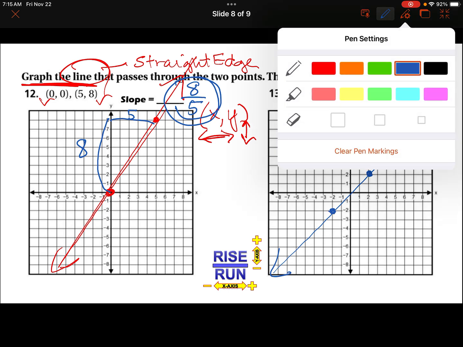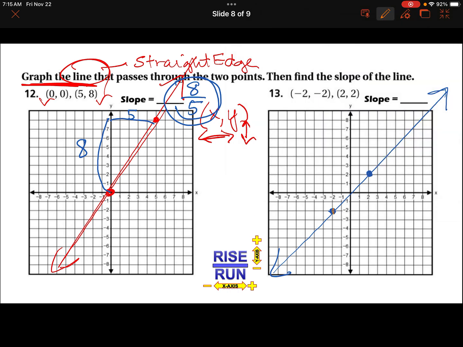To find the slope between these two, I would say to go from this point here to the blue point, I would go up 1, 2, 3, 4, up 4, and over 4. So that means my slope would be 4/4, and I am going to reduce that. If it reduces to a whole number, that's fine. You just have to remember that means it's over 1. And that works.